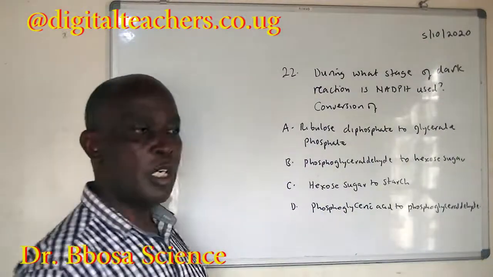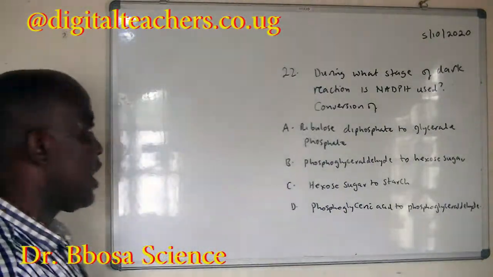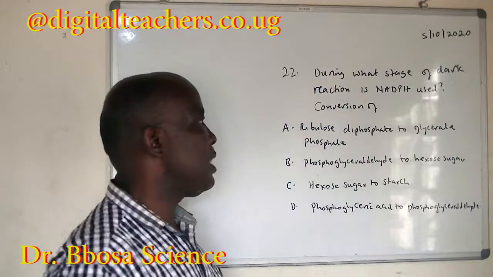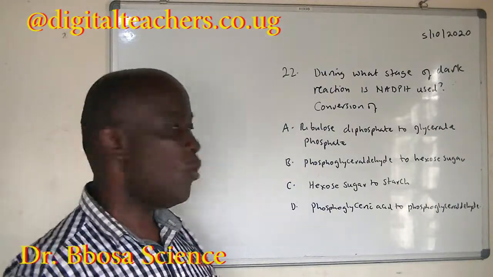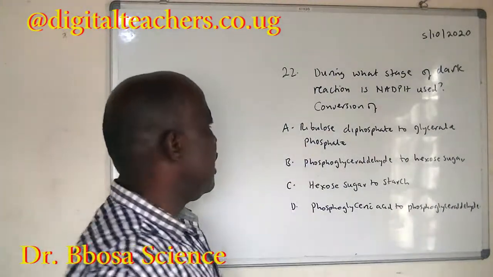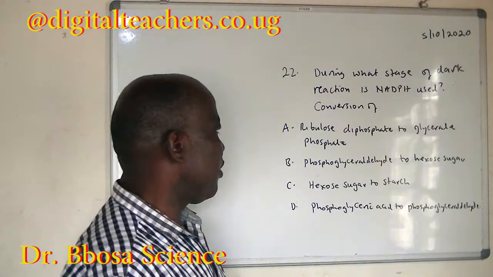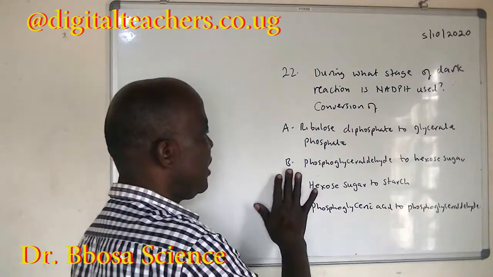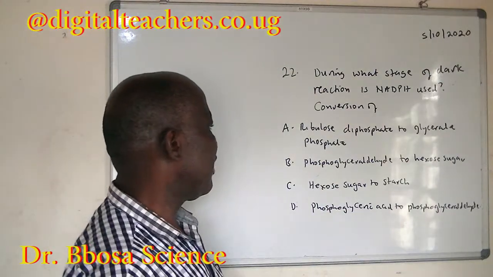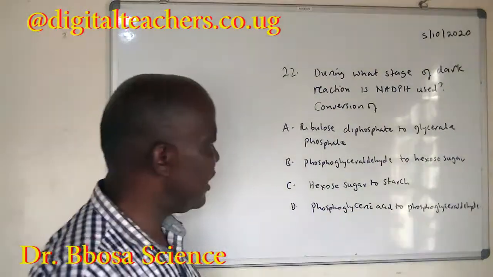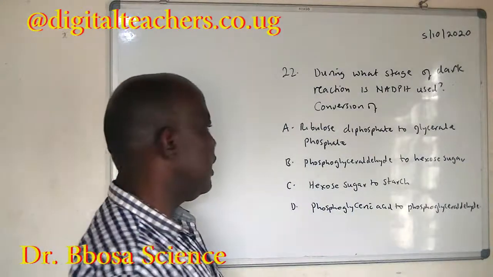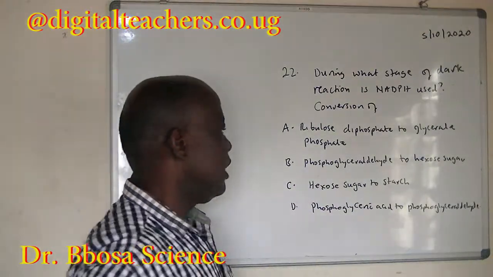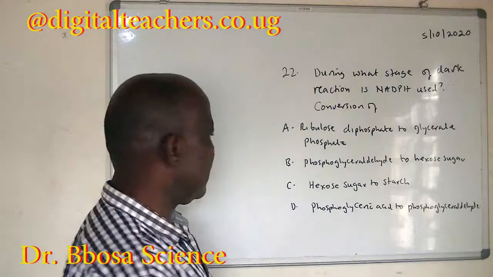22. During what stage of dark reaction is NADPH used? A. Conversion of ribulose diphosphate to glycerate phosphate. B. Phosphoglyceraldehyde to hexose sugar. C. Hexose sugar to starch.